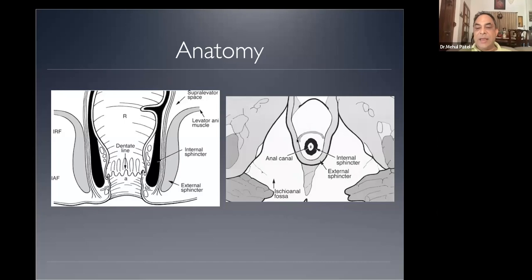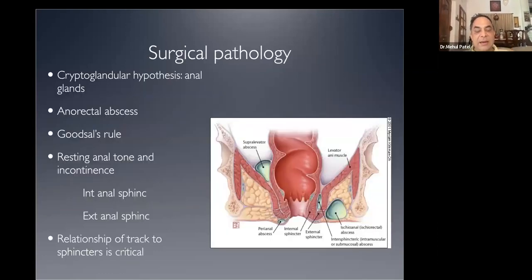And then this triangle is called the ischianal fossa, as you know. And then you have the external anal cleft or the natal cleft, if you can call that. So these are the important landmarks you need to understand. So again, to give you the same picture, here is the triangle of the ischianal fossa.